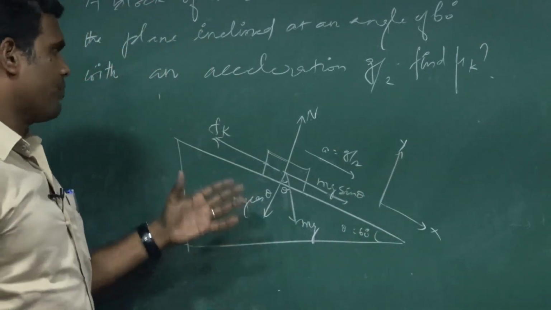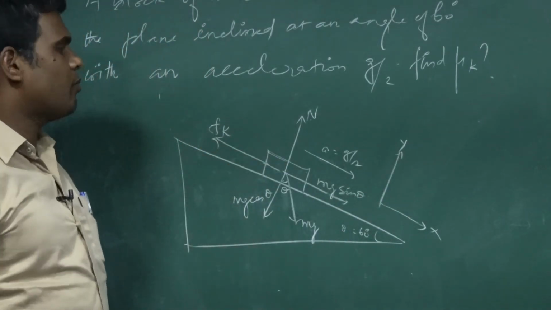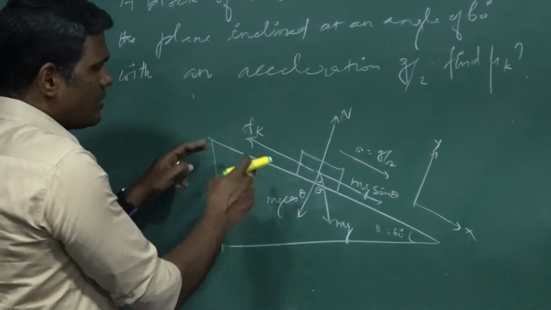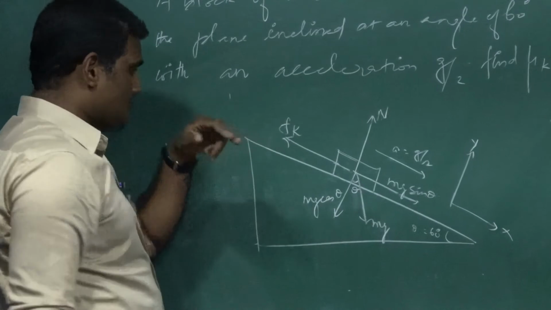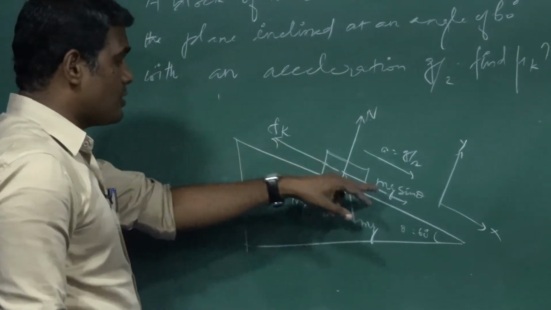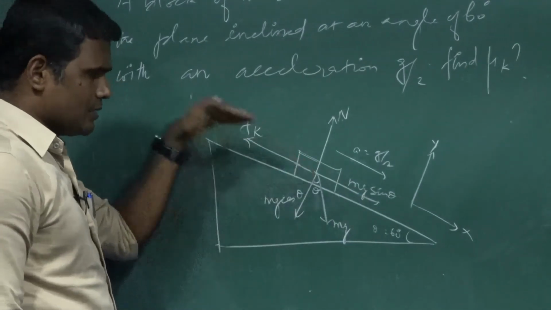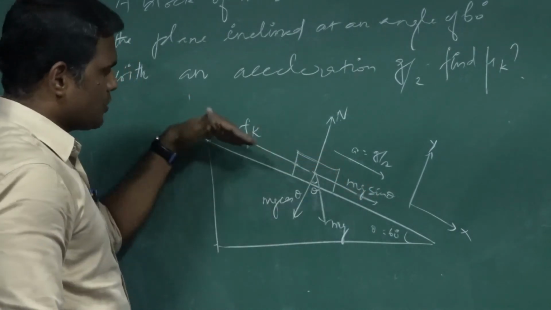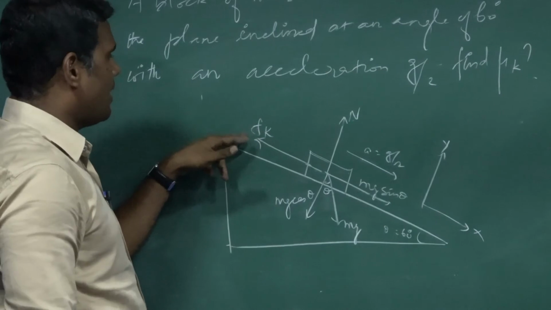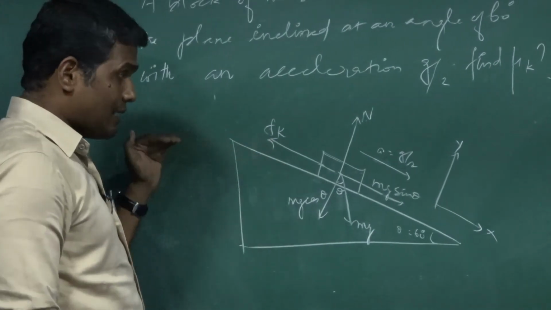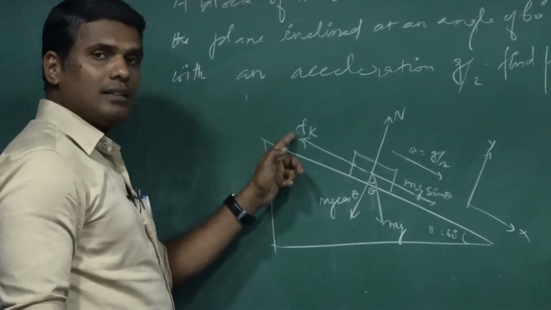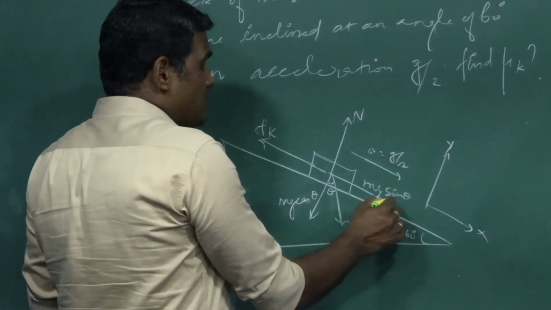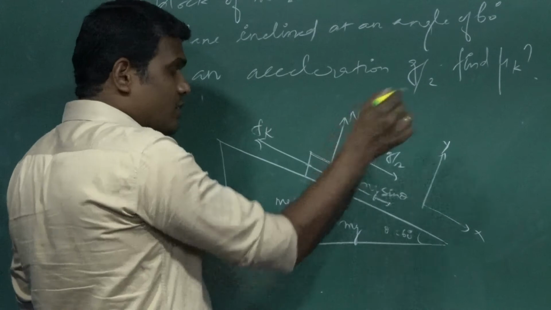To explain the movement of the object with a free body diagram, we can say the forces acting along the parallel direction to the incline are mg sin theta and Fk. Mg sin theta is acting in one direction, Fk is acting in the opposite direction. So I can write here mg sin theta minus Fk is equal to ma.